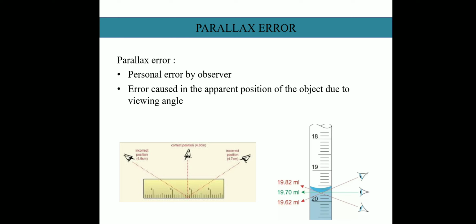Generally in chemistry you will have a double meniscus, upper meniscus and lower meniscus. If we want to take the value of the lower meniscus, then we have to keep that point exactly in front of our eye, otherwise there will be problems. See here, when we are looking from the bottom, the value read is 9.82 millimeter, and when we are looking from the top, the value read is 19.62.